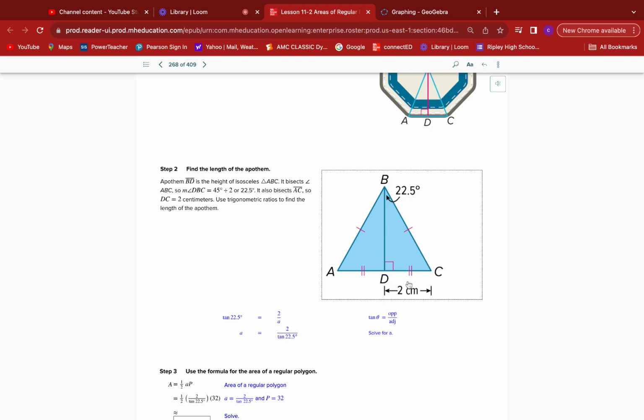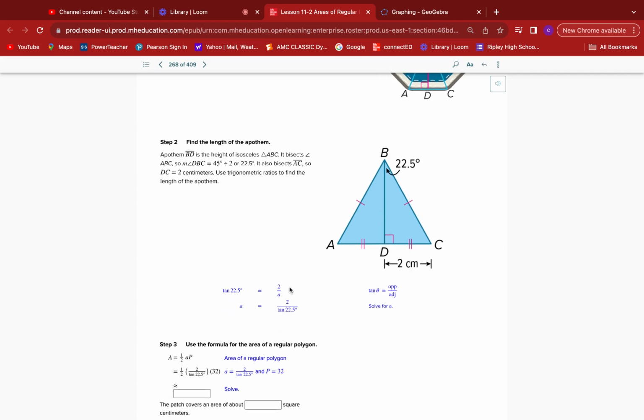So I have the opposite side to the 22.5, and I need the adjacent. Well, tangent is opposite over adjacent. That's why the 2 is on top, and your apothem is on the bottom. And everybody knows that you can't take 2 and divide by A in your calculator, so you swap their places. Tangent of 22.5, which is your theta, equals 2 over your apothem, so take 2 divided by the tangent of 22.5.